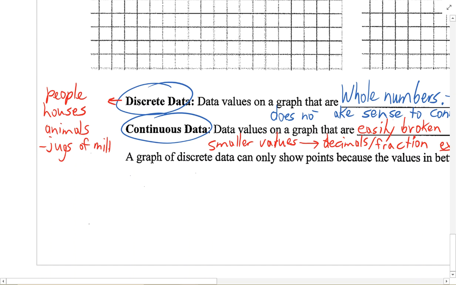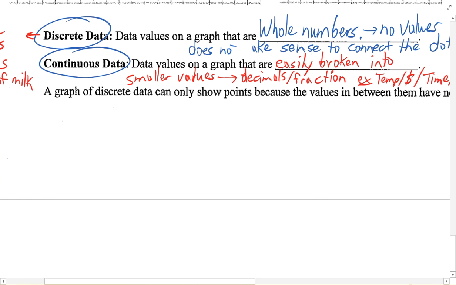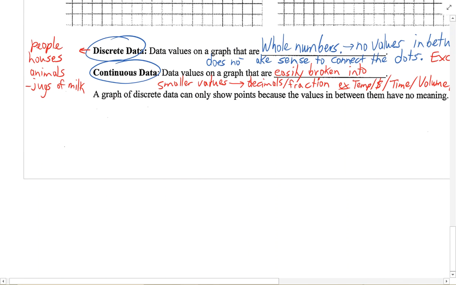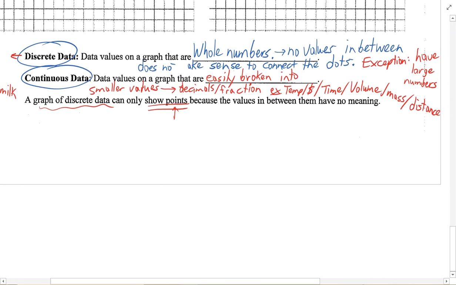When you're going to the store, you got to buy the whole jug. You can't dump out half and then say, hey, I'm only paying for half. That won't go well for you. Okay? So people, houses, animals, jugs of milk, things that are going to be whole numbers. Good. So again, graph of discrete data can only show points, only points, right? Because the values in between them have no meaning.